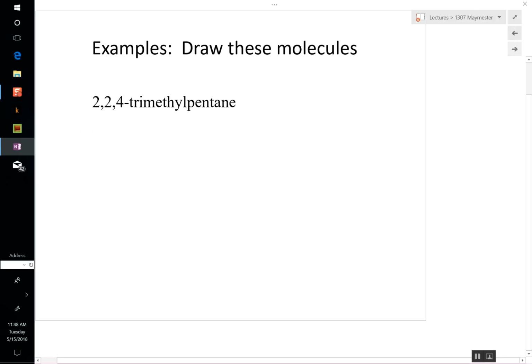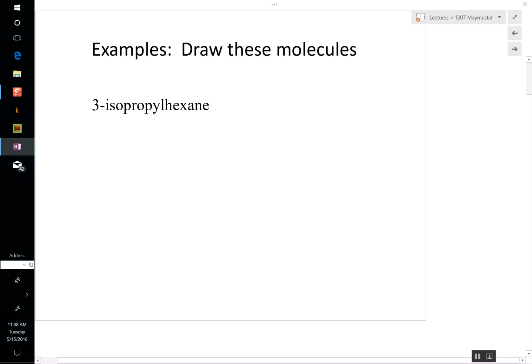Okay, now here, let's see what's a good example here. Okay, draw that. 3 isopropyl hexane. Now, remember from yesterday, you might remember that I said I always start with the parent name. Draw your structure of the parent name. Don't put the hydrogens. The hydrogens go in last.